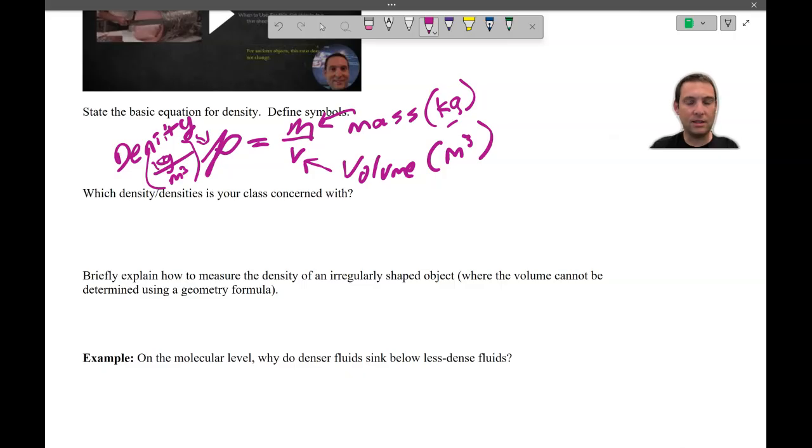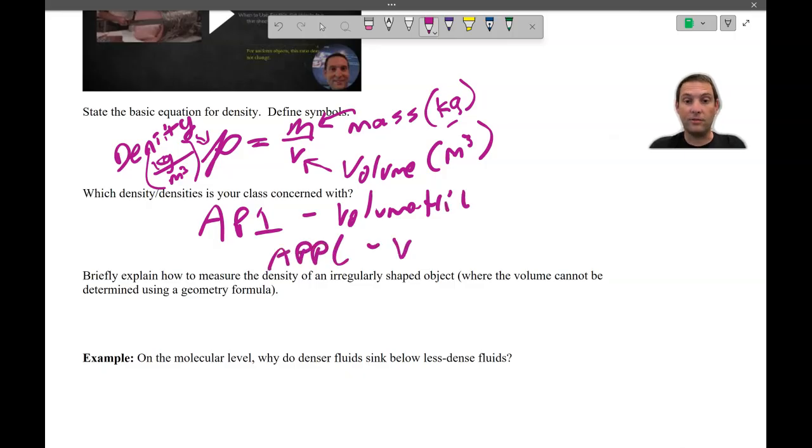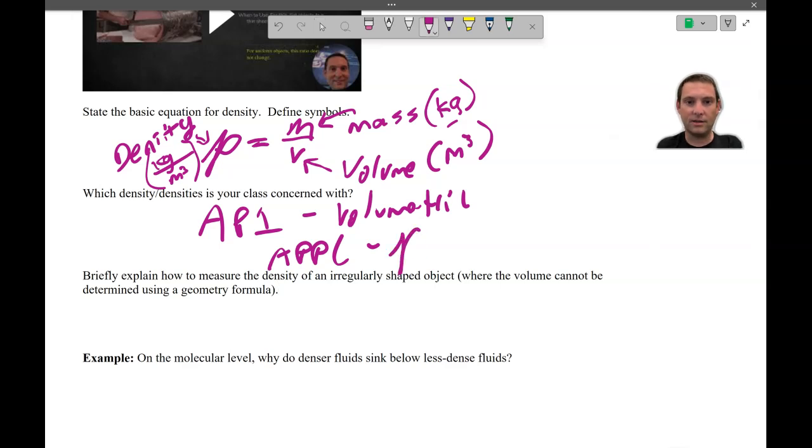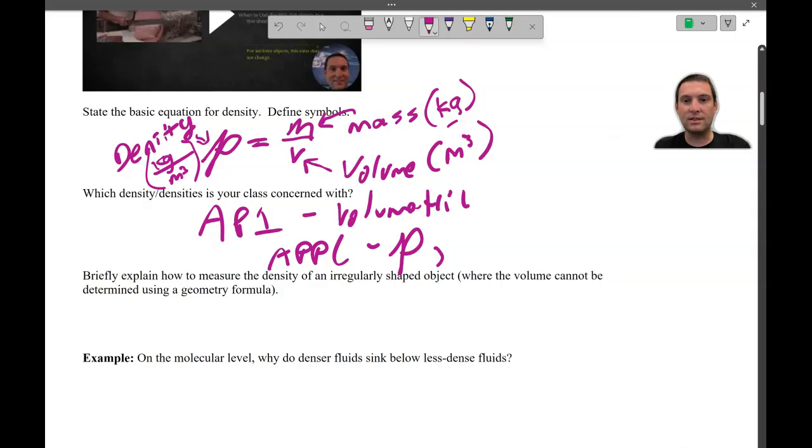Which density is your class concerned with? That depends. For AP Physics 1, we're talking about volumetric. In AP Physics C, we have volumetric, areal, and linear mass density, using Greek letters.